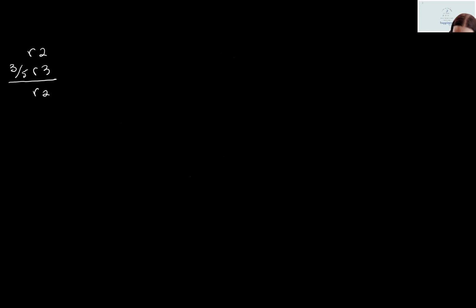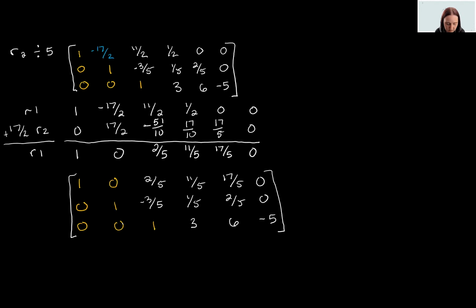So row 2 is 0, 1, negative 3/5, 1/5, 2/5, 0, 0, 0. This is going to be 3/5. And then I'm going to double check my calculator when I'm multiplying here. 3 times 3/5.